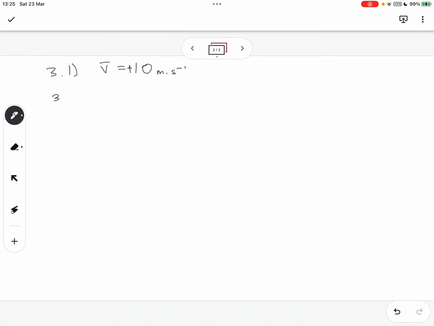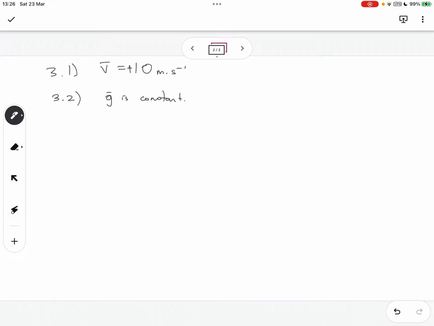So 3.2, all parts of the graph have the same gradient. What's the reason for this? It's because even if it's dropped, the ball is subjected to acceleration due to gravity, and the only time a certain velocity was applied was at the beginning. For the rest of the motion, the ball is just subjected to acceleration due to gravity, so the velocity increases at the same rate because of that constant acceleration.